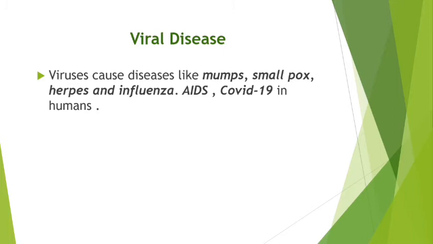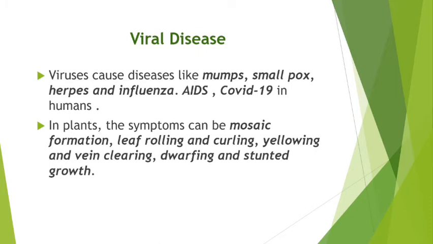So you came to know about some of the viral diseases in humans. Now my dear student, a virus also causes some diseases in plants. We already came to know one example, that is tobacco mosaic virus, which causes disease in tobacco plants, isn't it? Now if viruses cause diseases in plants, what are the different symptoms you can see?